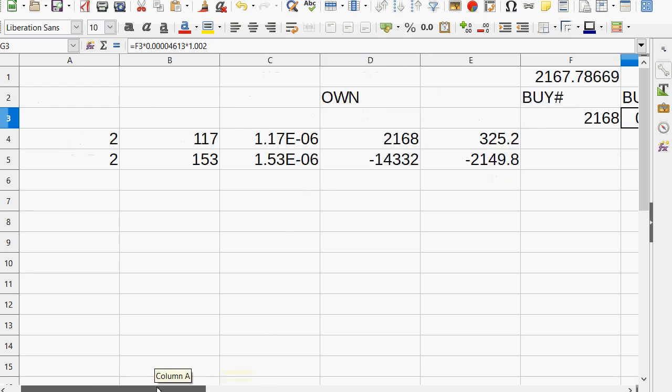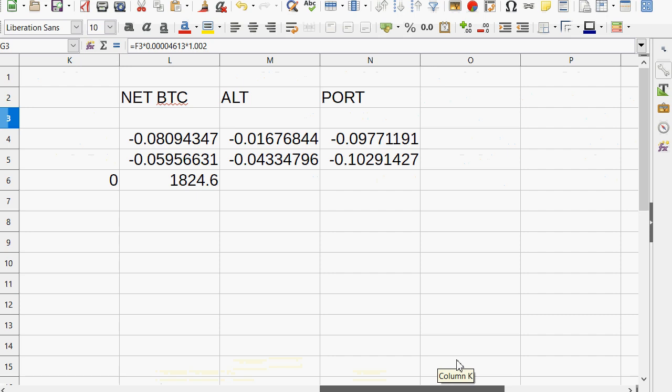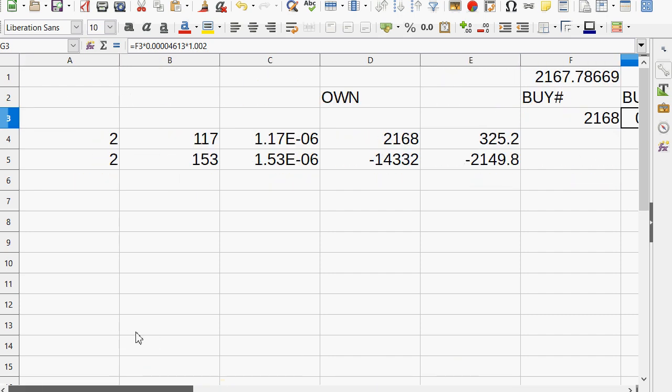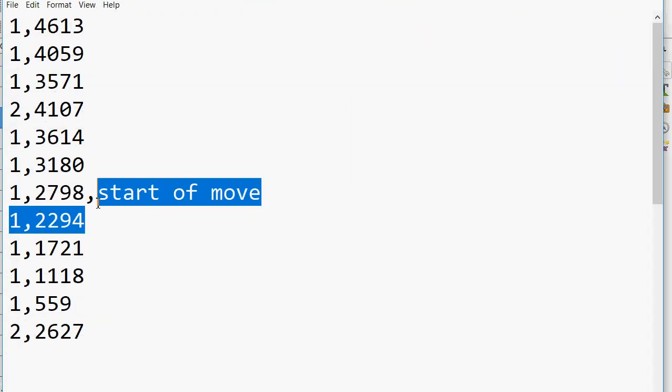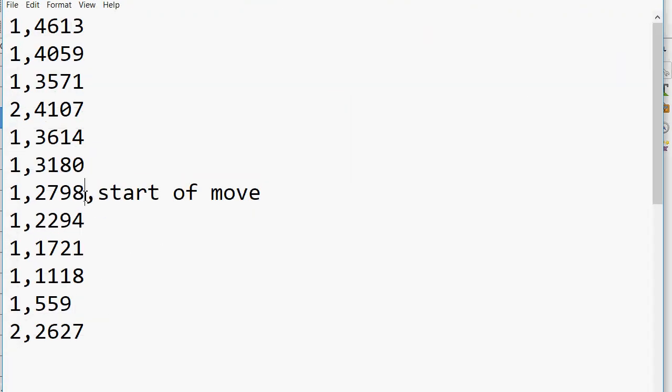So what we're going to do in here is I'm going to put in the ownership, which is 117. That's correct. So we put the buys and sells in this way. I know 2798 would be the start of the move.